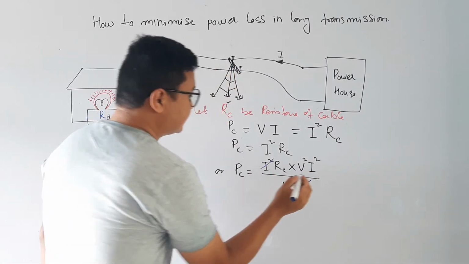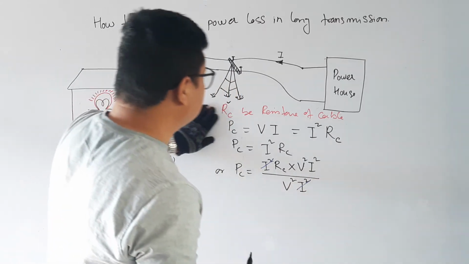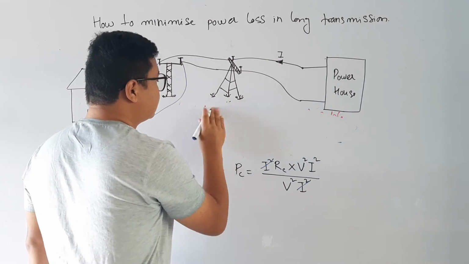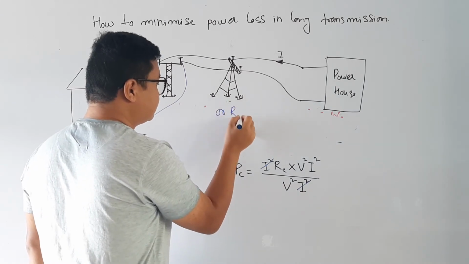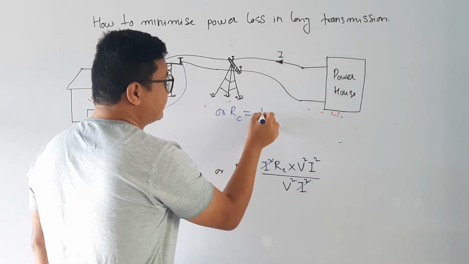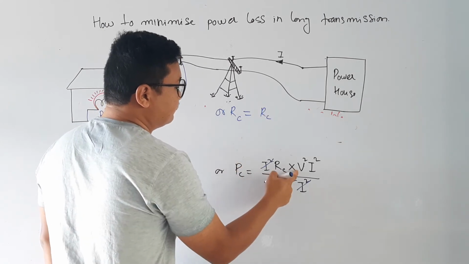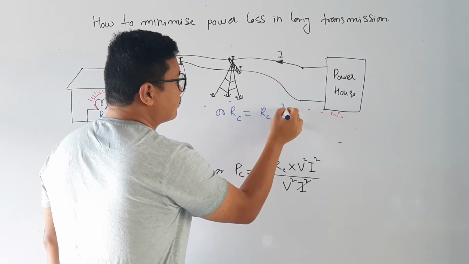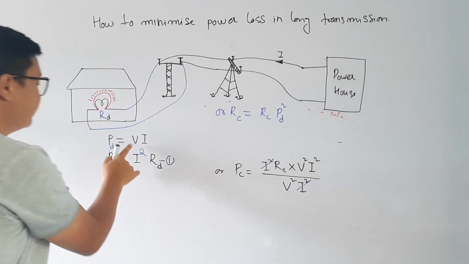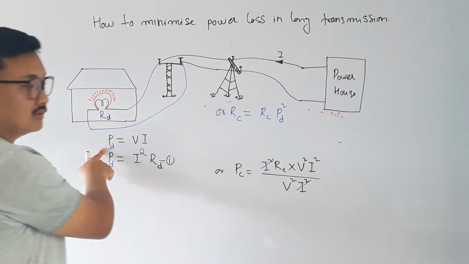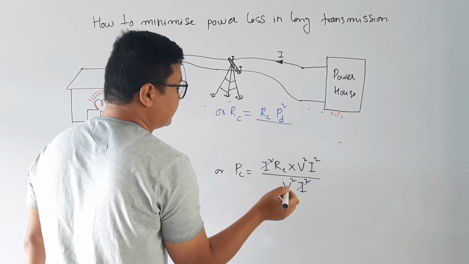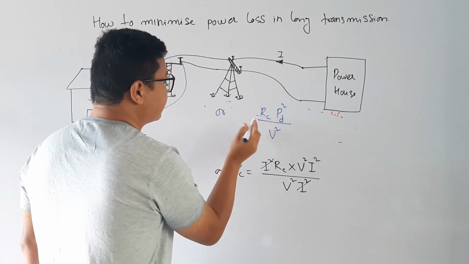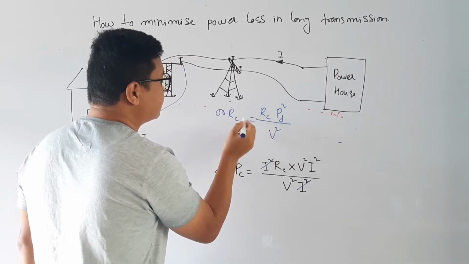So P of cable is equal to RC times V square I square, which is P square of the device, because VI is PD. And this is divided by V square. So PC equals RC times PD square divided by V square.